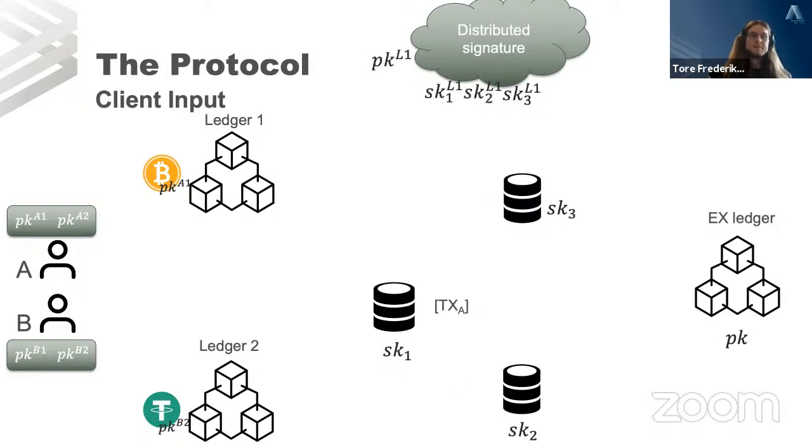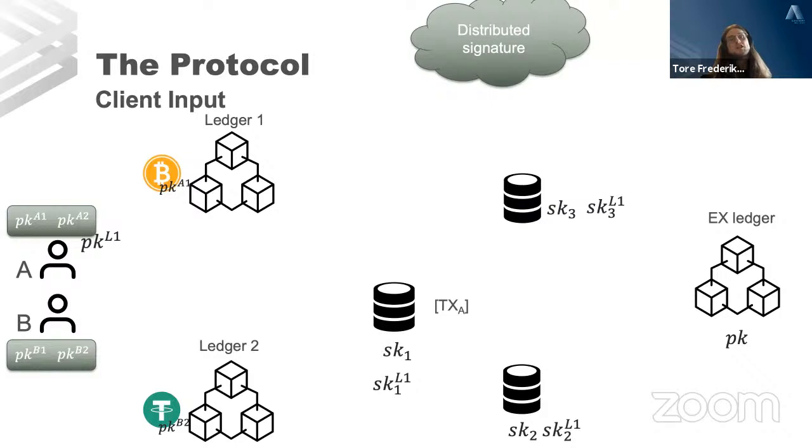The servers then construct a burner address, a temporary address on each of the ledgers where the parties can transfer their tokens to. This burner address is again controlled in a distributed manner using a distributed signature scheme. In practice, this will almost always be ECDSA.